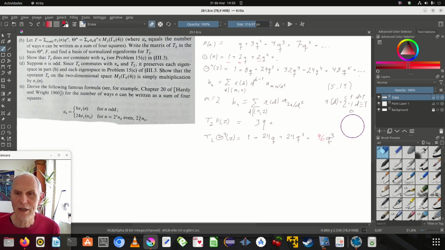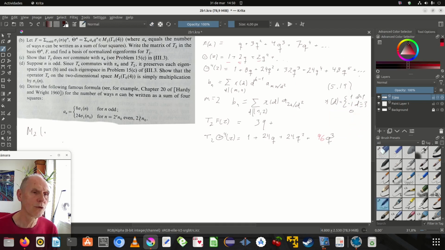Now let's check. This was terrible. M2 of gamma 0(4) equals M2 of 4 with the identity or the trivial character of order 4.